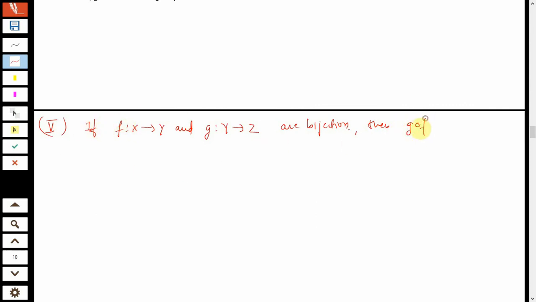That's an interesting result, which says that the composition of two bijections is a bijection, and now since it's a bijection, I can talk about its inverse. So the inverse of G composite F is nothing but F inverse composite G inverse.